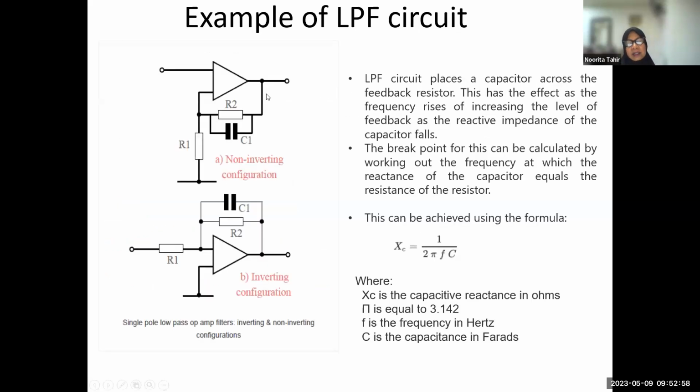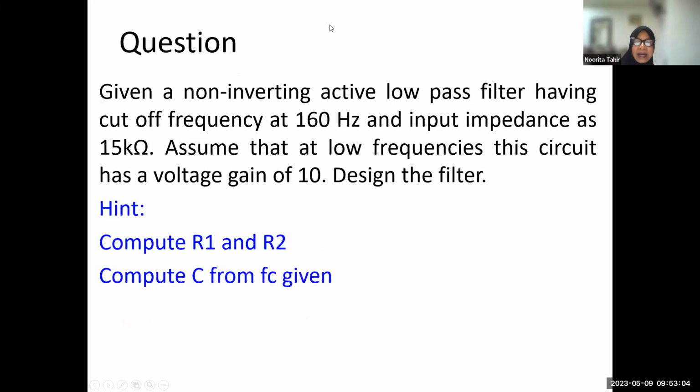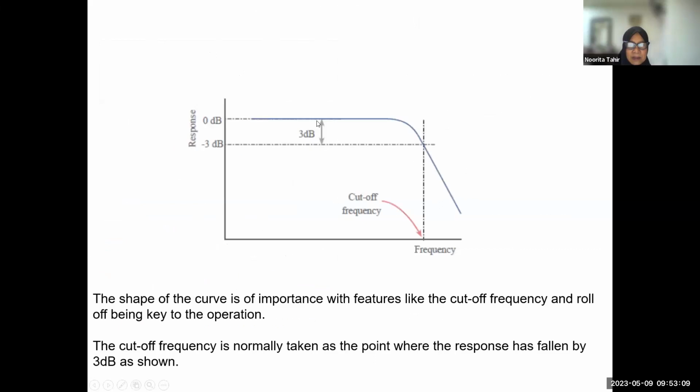Non-inverting meaning the configuration will be something like this. The cut-off frequency is 160 Hertz, which means it can only function between 0 to 160 Hertz. Anything above 160, your low pass filter will reject.